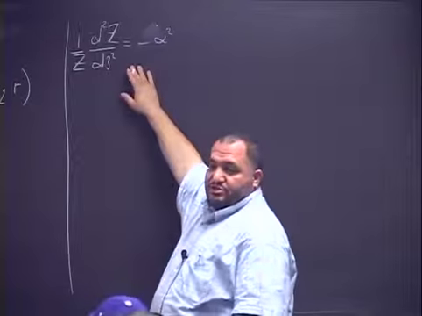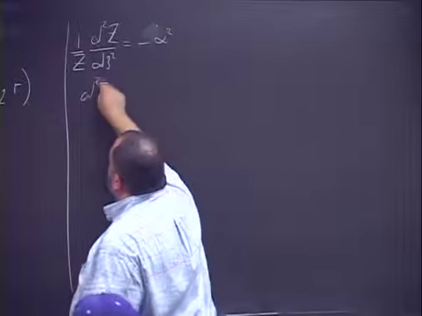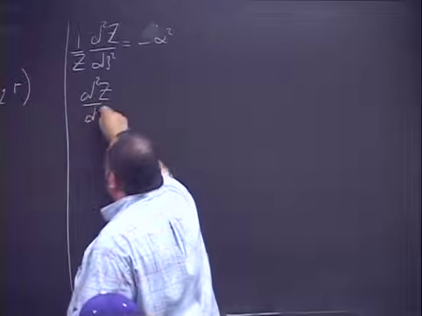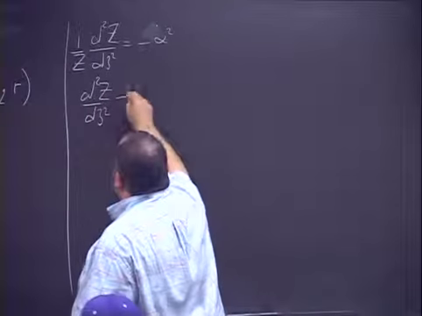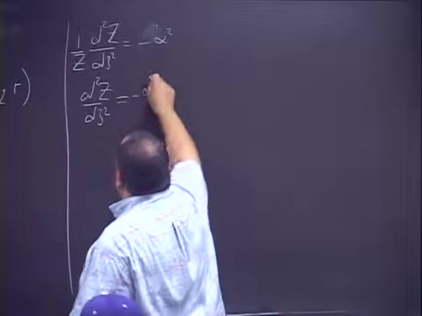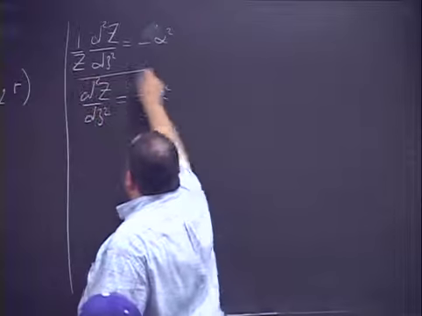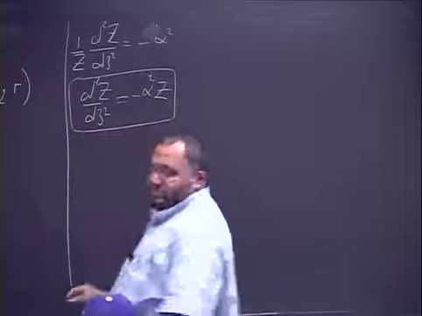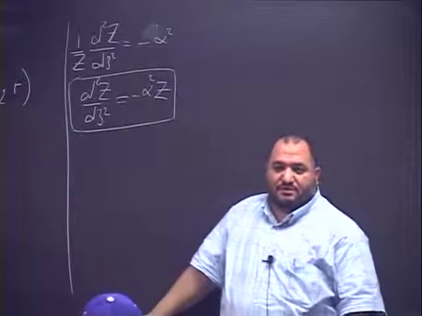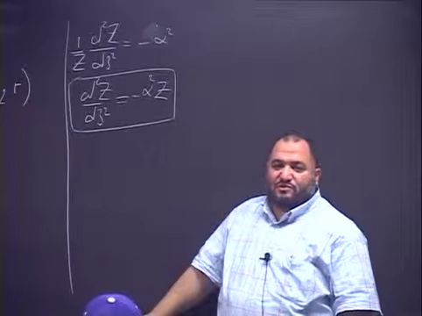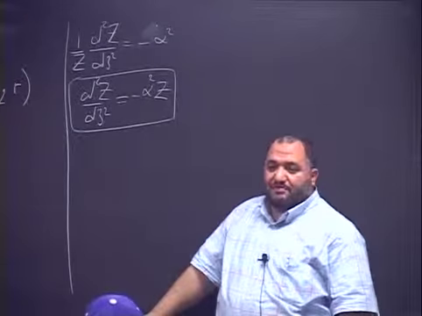What's this equation? d2Z by dz squared equal to negative alpha squared Z. We solved this equation several times. Second derivative of a function equal to negative alpha squared multiplied by the same function.